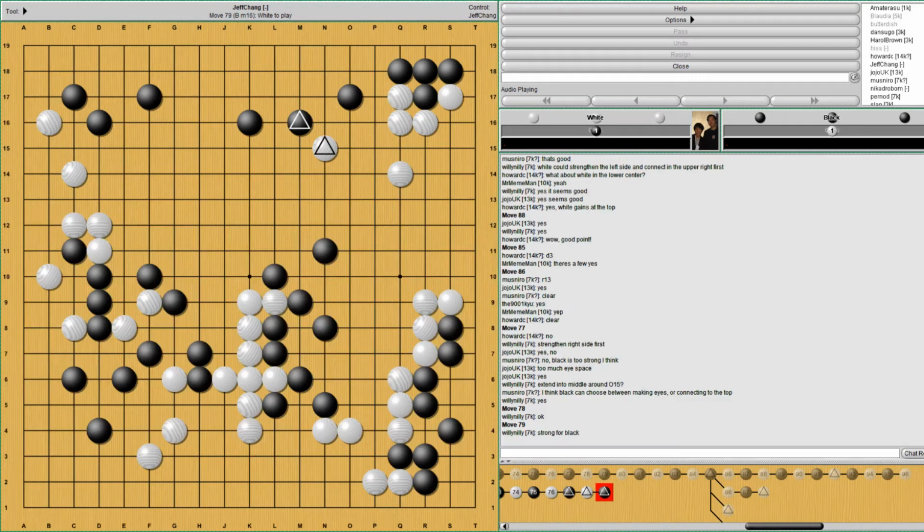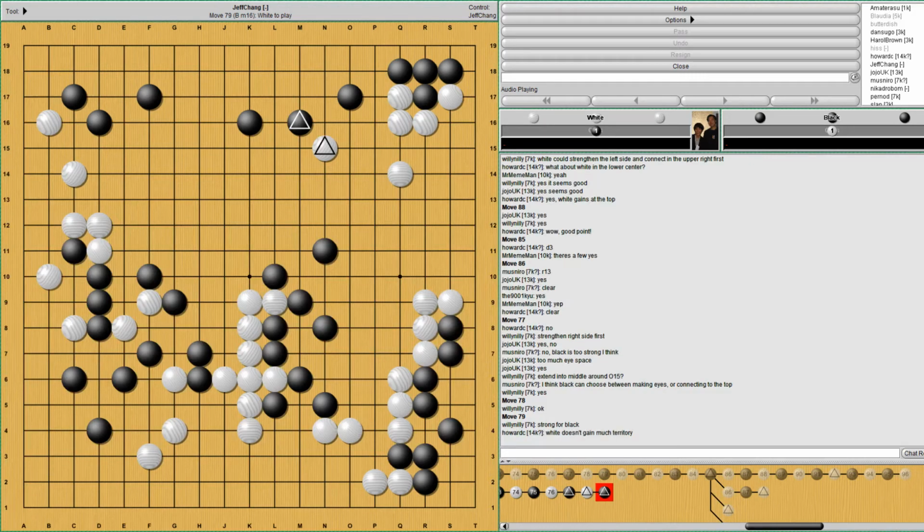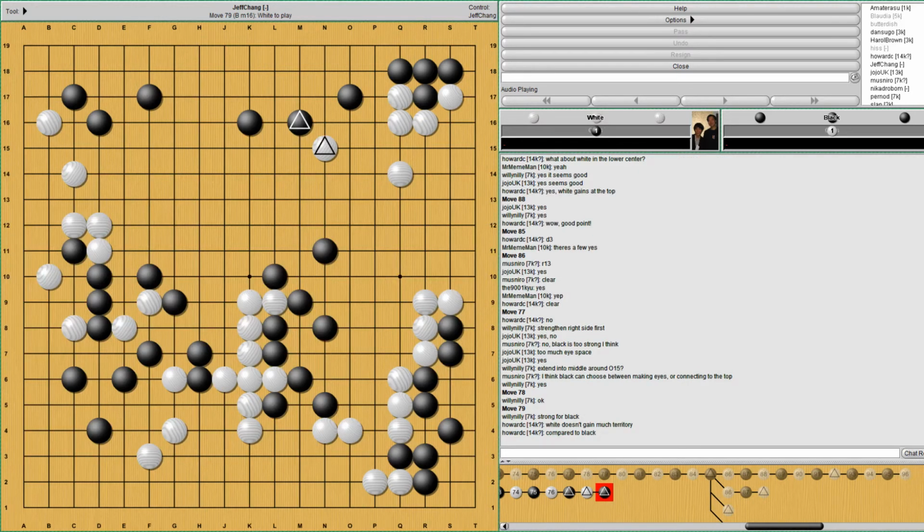And when black answers here, I hope you know that initially on the top side there is an evasion spot. Now that evasion spot is gone, and the top side around the M17 area becomes black territory. You said white doesn't gain much territory compared to black. I would say black gets territory, white doesn't get any territory. And here my question is, do you think that the N15 stone is enough threat to the center?